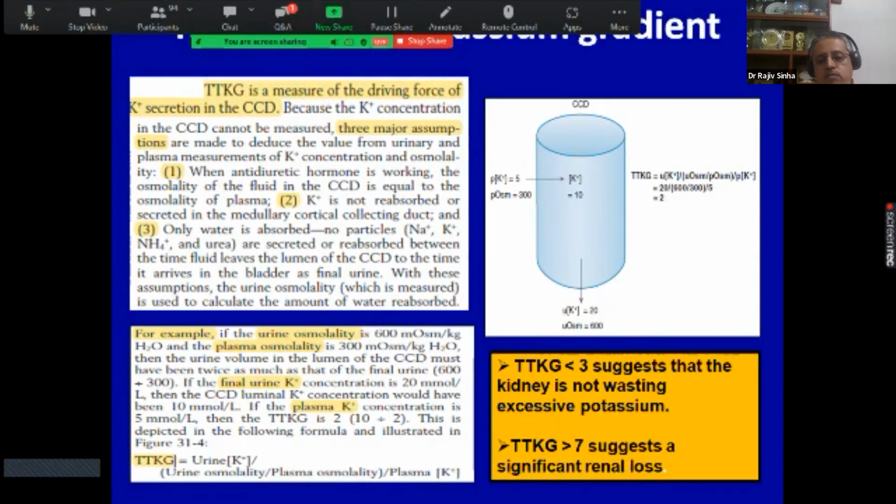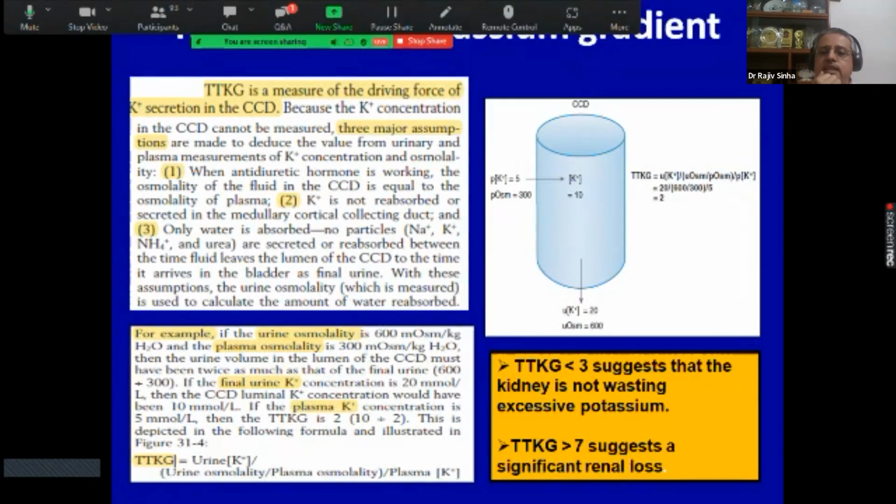Now, if this is being ticked, then in the presence of hyperkalemia, if your TTKG is less than 7, it suggests that your kidney is not discarding your potassium. I repeat, in the presence of hyperkalemia, if your TTKG is less than 7, it means that your kidney is not discarding your potassium. Because in hyperkalemia, what are you expecting?